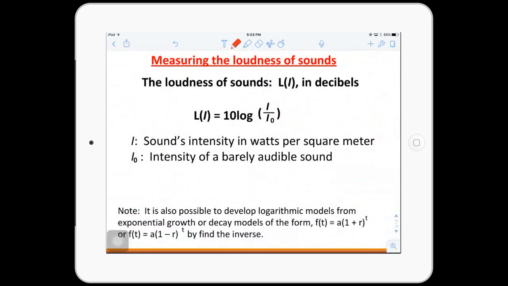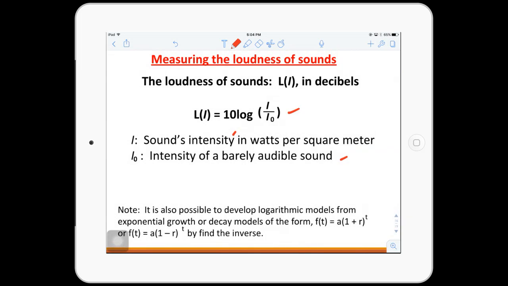Here is a little friendly reminder regarding sound, measuring the loudness of sound in real-world situations. This is the formula that is being used, where I is the sound's intensity and I naught is the barely audible sound. It is also possible to develop logarithm models from exponential growth or decay models in this form and this form.